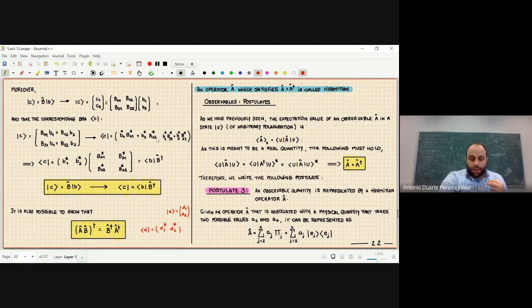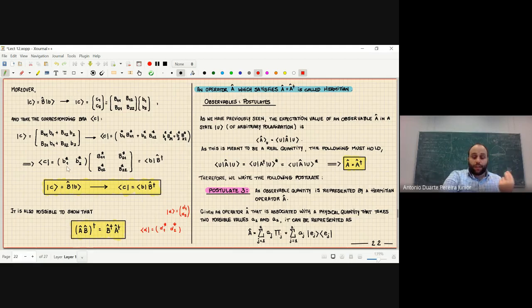But this, in turn, can be expressed as the product of this row vector and this 2 by 2 matrix. If I multiply this row vector with this 2 by 2 matrix, I obtain this row vector here.